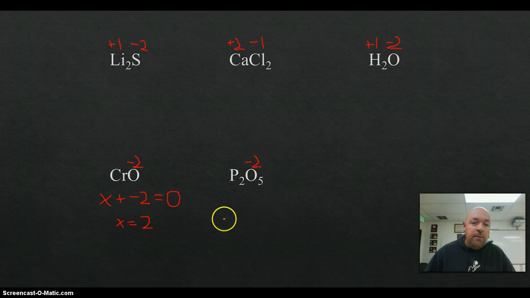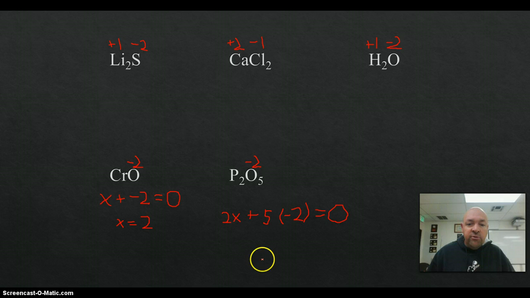Well, I set up my equation. I have 2 phosphorus. I don't know what they are, so that's going to be X, so 2X. It's the sum of, so plus, I have 5 oxygens, and each of those oxygens has an oxidation number of -2, and the whole thing has to be equal to 0, since my compound always has to be equal to 0.